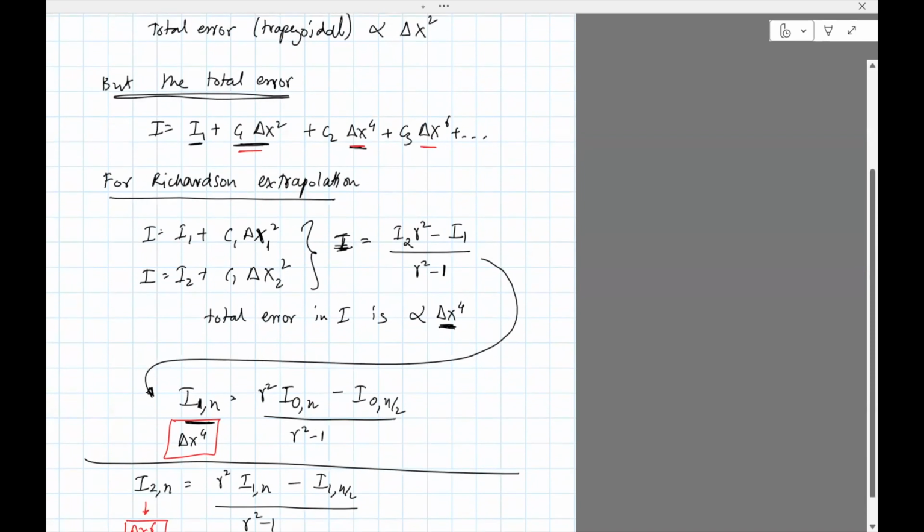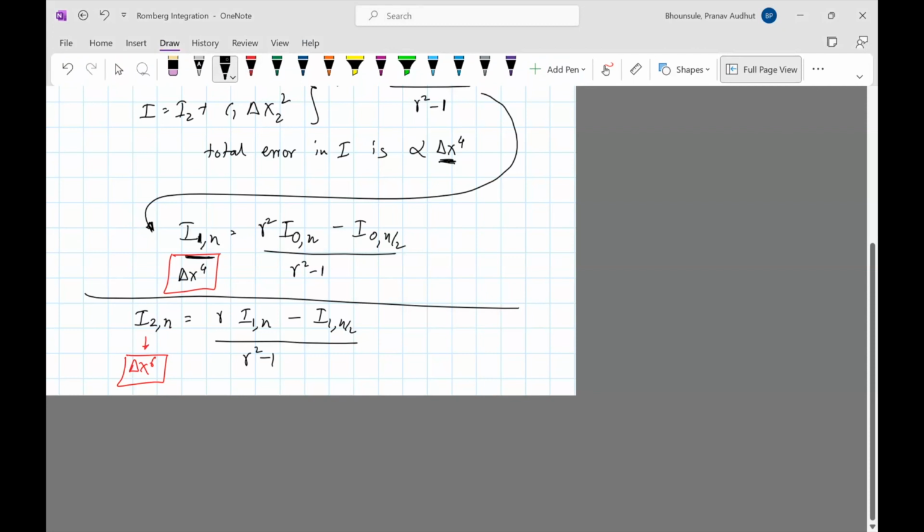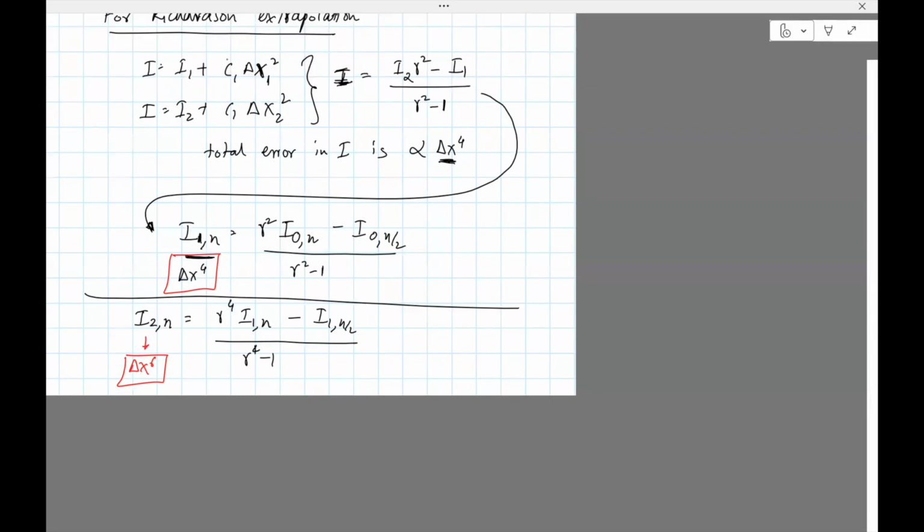This is basically exploiting this formula a second time and a third time and so on. There's an error here, my bad, this should be r raised to 4. Okay, so this would be accurate to delta x raised to 6.